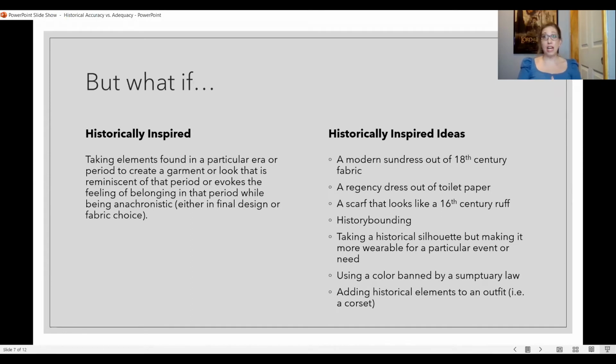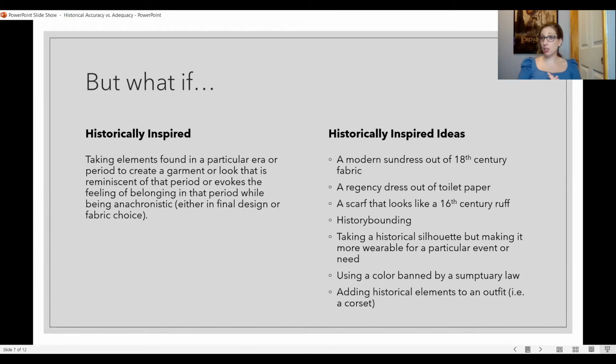History bounding, just adding historical elements in the day-to-day, taking a historical silhouette but making it wearable for a particular event or need. If I needed to go to a wedding and it was safe for me to do so, I would consider wearing my historical undergarments underneath a dress to give myself a silhouette that I really like.